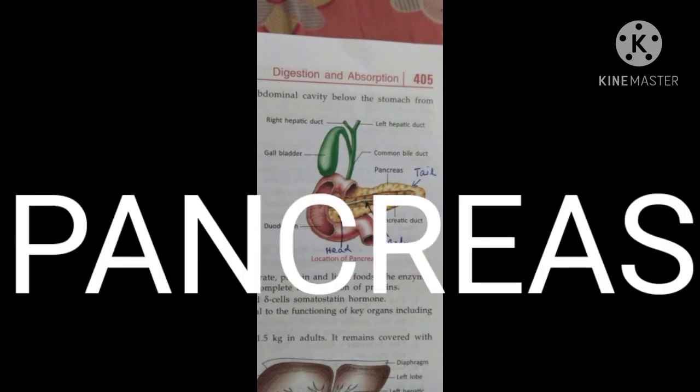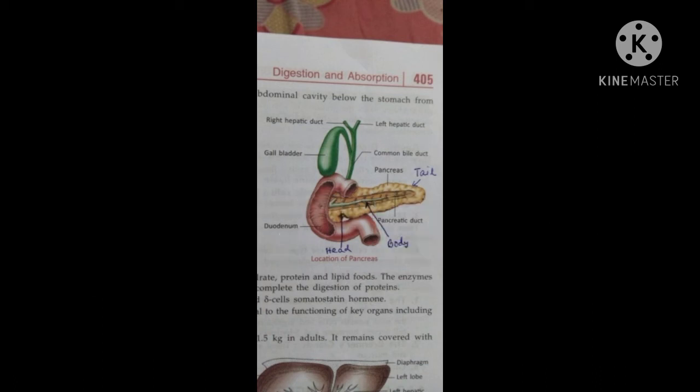Pancreas is one of the important human digestive glands. Pancreas is an irregular and elongated gland. Pancreas is situated in the abdominal cavity below the stomach, from duodenum to spleen. It is divided into three parts: head, body, and tail.